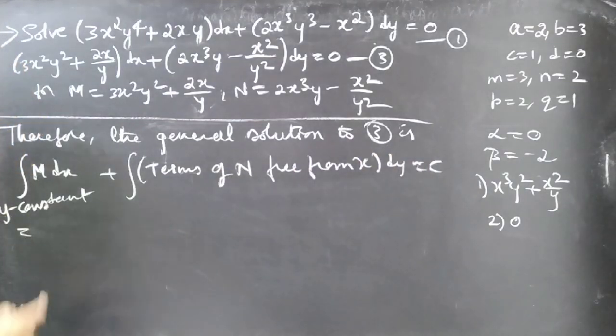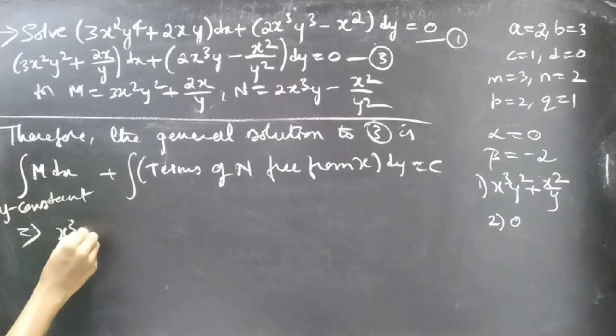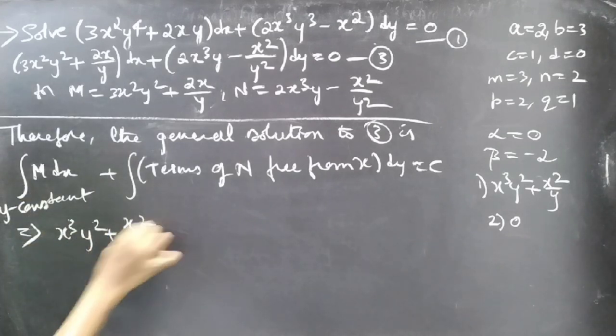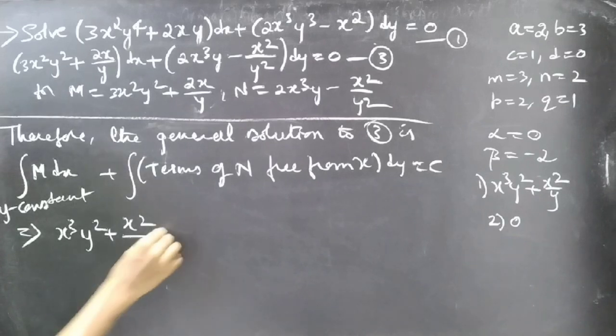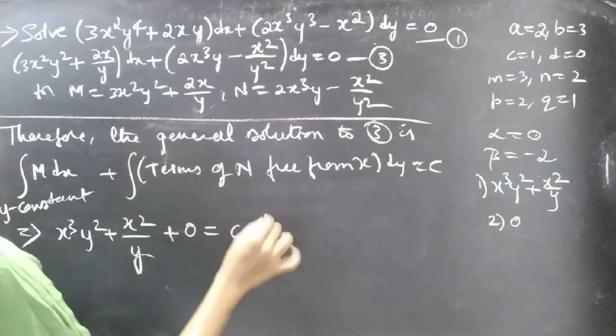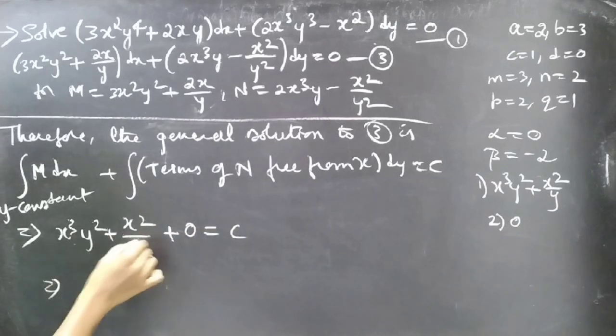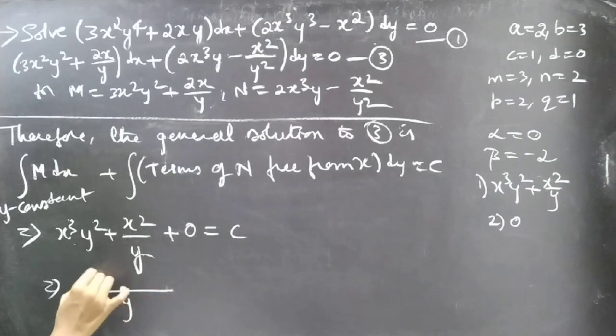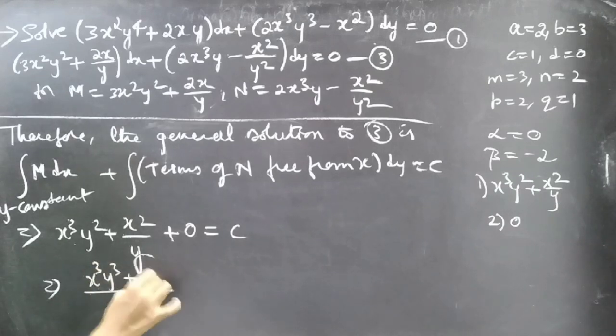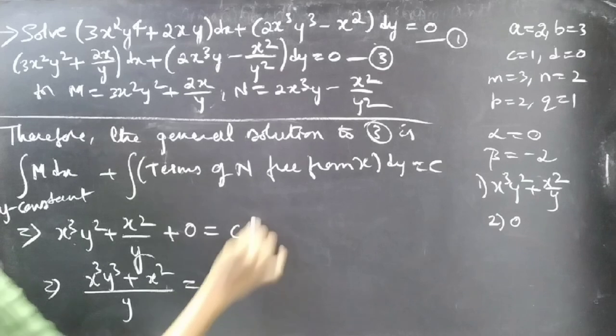The result obtained from the first integral is x³y² plus x²/y, plus the result obtained from the second integral, which is 0, equal to c. Now take the LCM of these two, you will get (x³y³ + x²)/y equal to c.